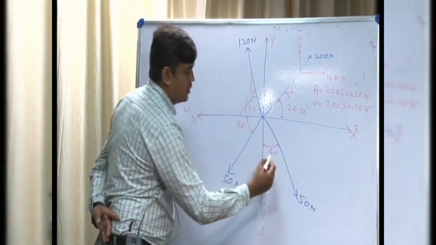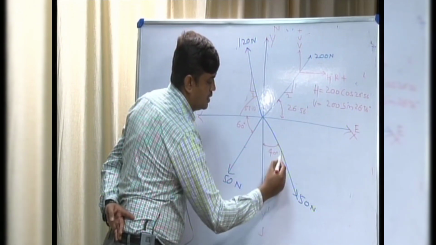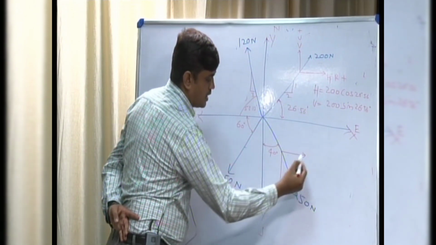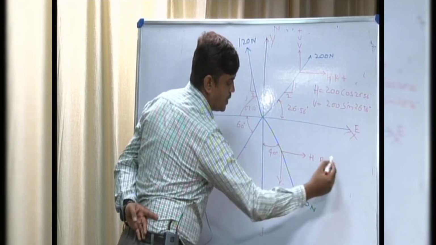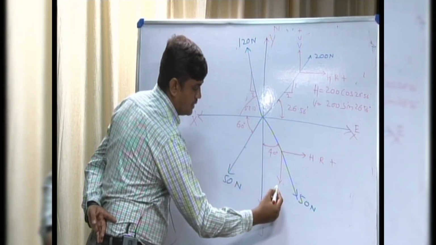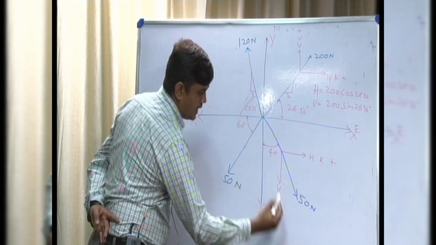Come to the force in second quadrant. Horizontal right, positive; vertical down, negative.